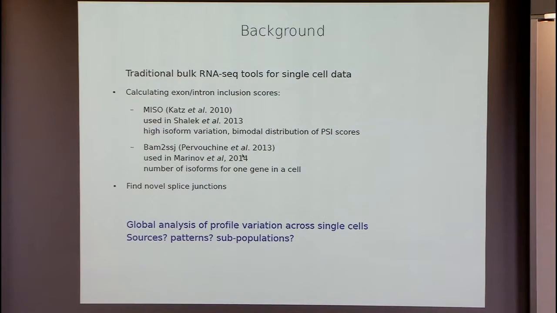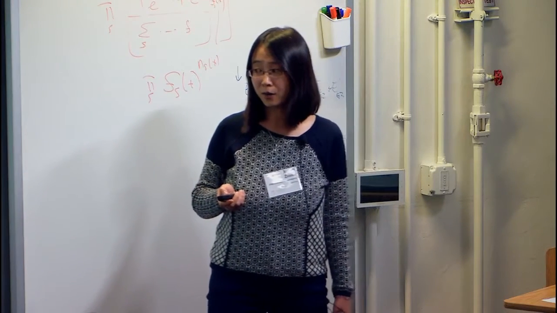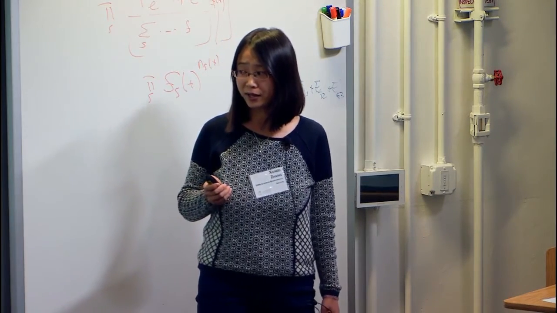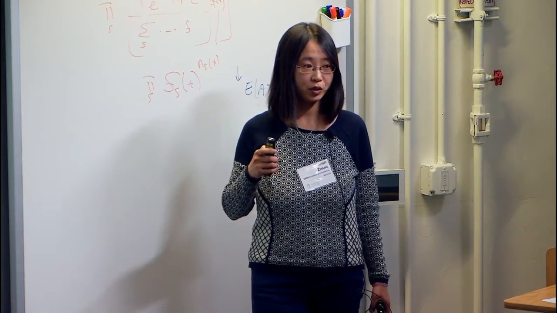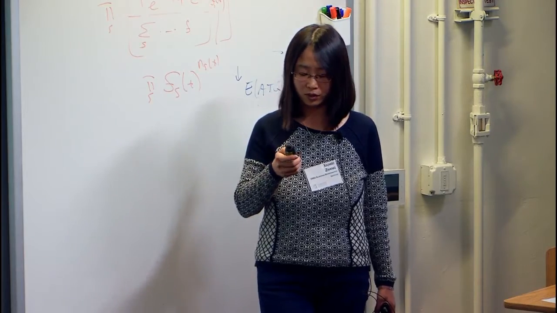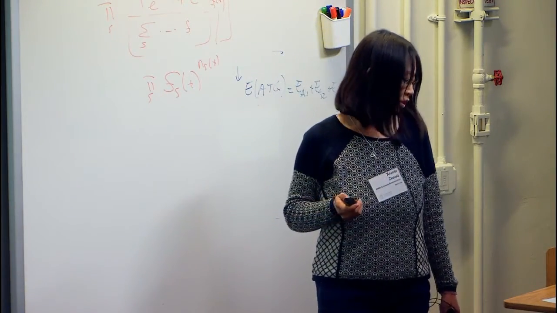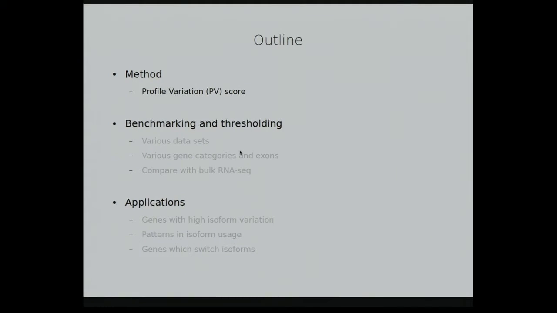To help us answer these questions, we first need a measure to quantify how variable the isoforms used by a particular gene are across a large number of single cells. So I start by introducing our profile variation score, which quantifies the isoform variation for one gene across a number of cells. This is basically going to be the basic tool used for the later applications I will present.